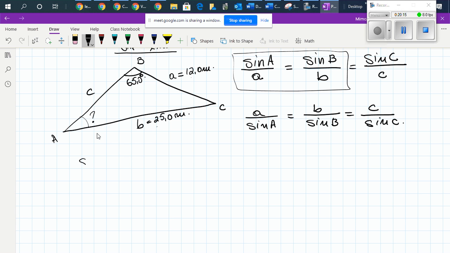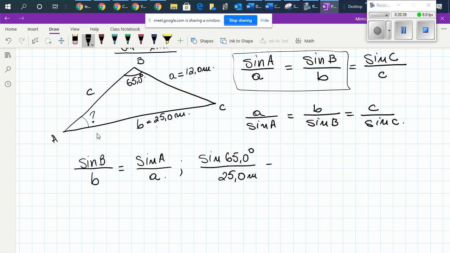So in this case, we will have sine B over B is equal to sine A over A. What is given here is the angle B, so this will be sine 65 degrees over B, that is 25 meters, is equal to sine A, which we don't know, over the length of A, that is 12 meters.